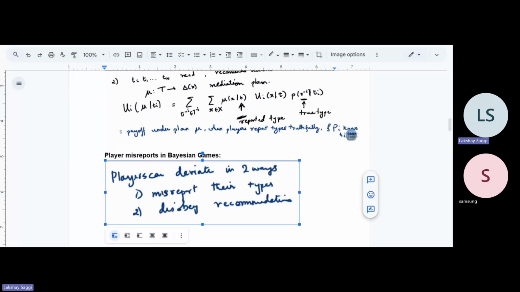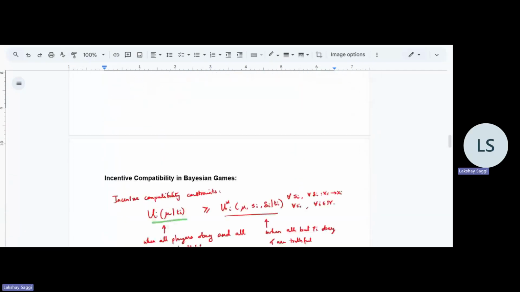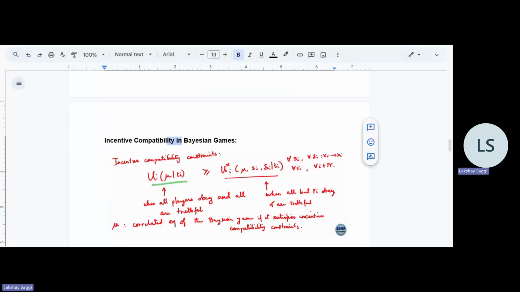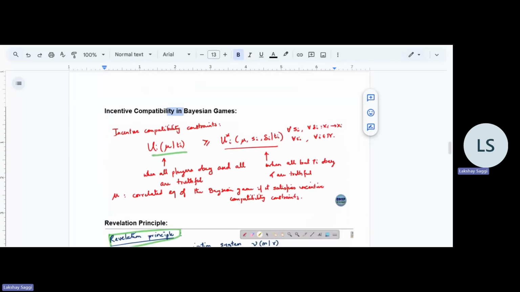obtain some better utility. But it can be shown that there exists this concept of incentive compatibility in Bayesian games also, like there existed obedience or incentive compatibility in correlated equilibrium. Here also these kinds of things exist.